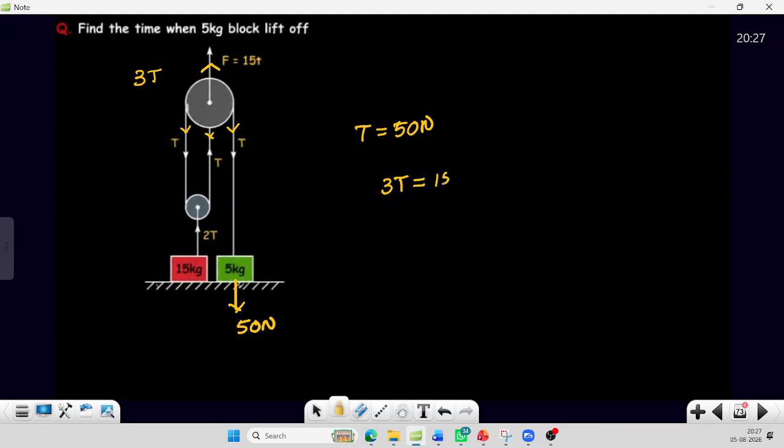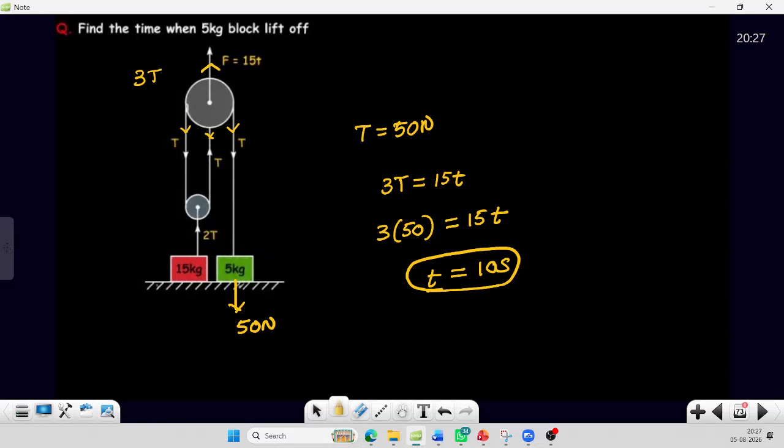So 3 into T value, which is 50, equal to 15 into small t. Then how much is the time value? Which is 10 seconds.